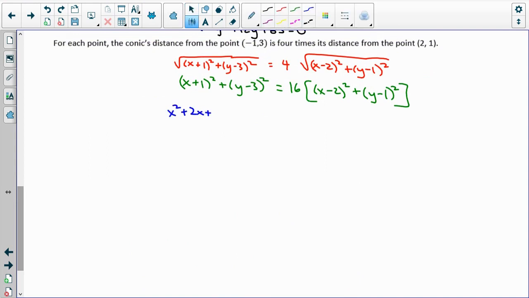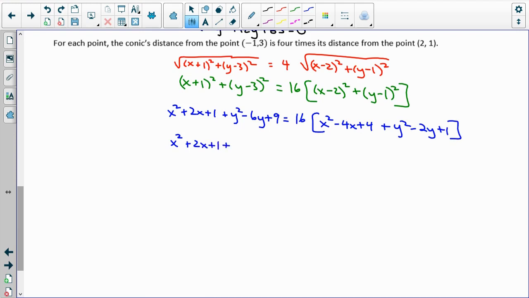X squared plus 2x plus 1 plus y squared minus 6y plus 9 equals 16 times x squared minus 4x plus 4 plus y squared minus 2y plus 1. Now I'm going to distribute the 16 on the right side. So I have 16x squared minus 64x plus 64 plus 16y squared minus 32y plus 16.